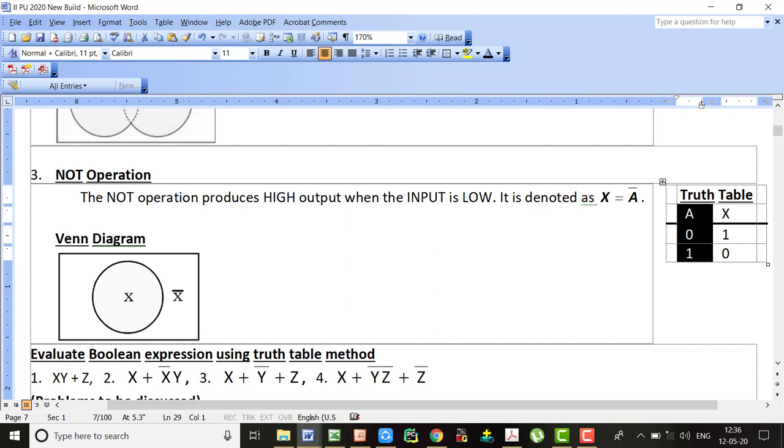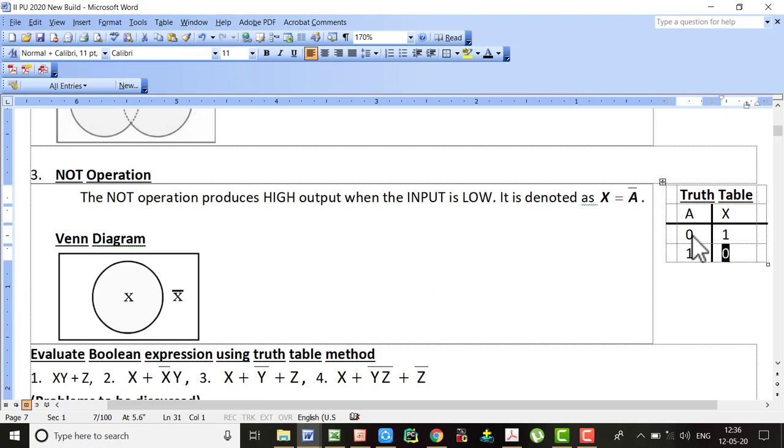And NOT operation is sometimes also called as complementation, or even also called as negation. Why is it called complementation? You can see in the truth table, the value 0 is given and the corresponding output is going to be 1. Value 1 is given, the corresponding output is going to be 0.